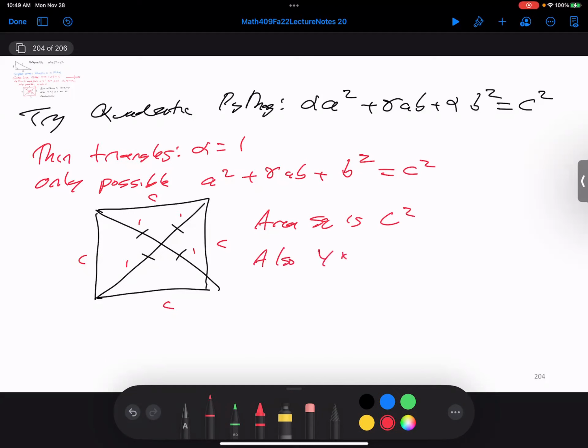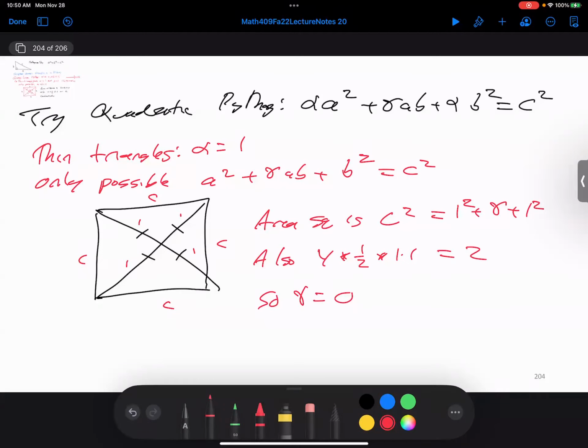Also, it's 4 times 1/2 base times height, and c squared is a squared, which is 1, sorry, 1 squared plus gamma plus 1 squared. So that's just equal to 2. What must be true about gamma?